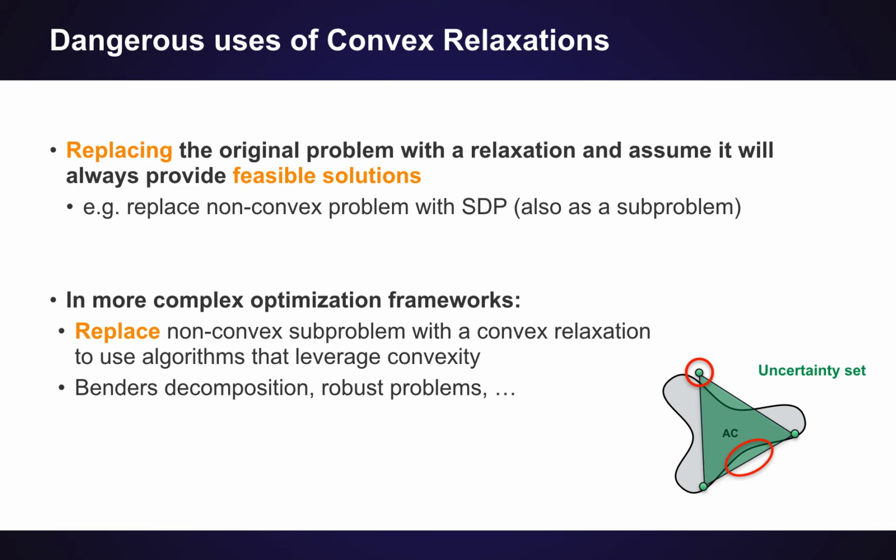So you might think that you got a solution that is feasible, as soon as those green points at the corners were feasible, but that is actually no longer guaranteed because our true problem is non-convex.